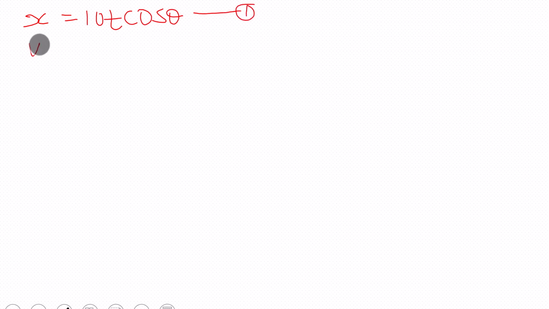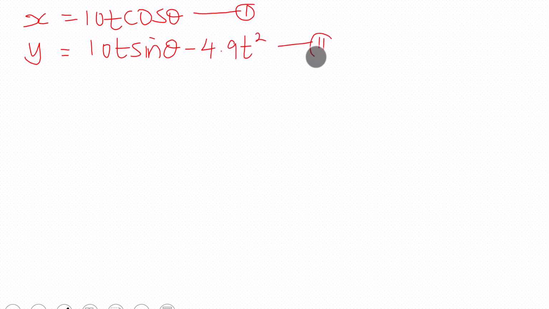Let me first rewrite our equations. Our equation 1 was x equals 10t cos theta. And our equation 2 was y equals 10t sine theta minus 4.9t squared.